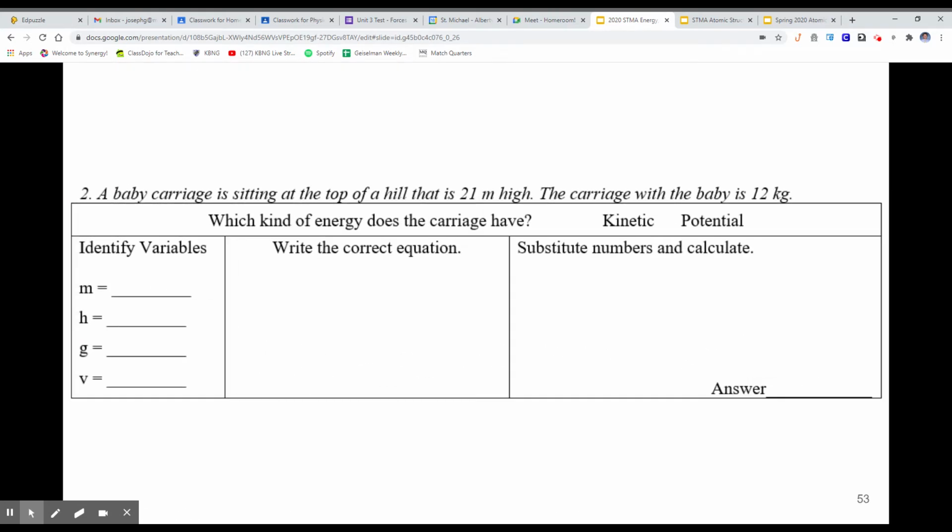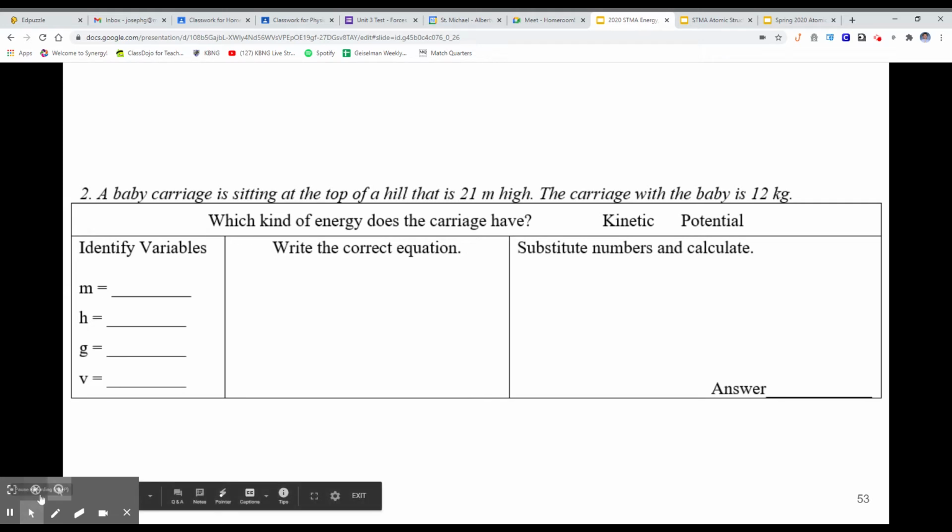So here's a practice problem that I'd like you to try and solve using that equation, mass times gravity times height. A baby carriage is sitting at the top of a hill that is 21 meters high. The carriage with the baby is 12 kilograms. First off, determine, does it have potential or does it have kinetic energy?